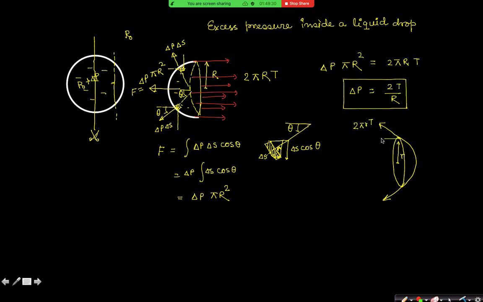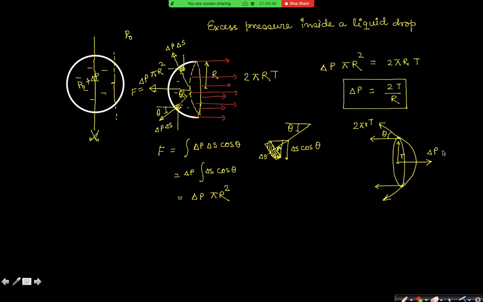But I will not take these forces. I will take the horizontal component of these two forces. So if this angle is theta, then the cos component of this force is balancing the force by the excess pressure. Now can you tell me what is the force by excess pressure on this curved surface?